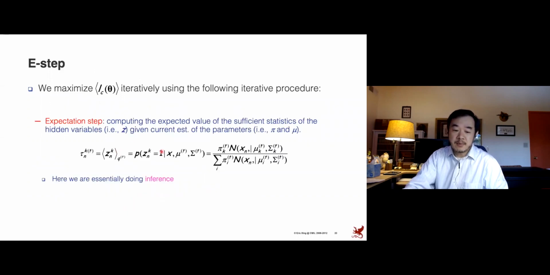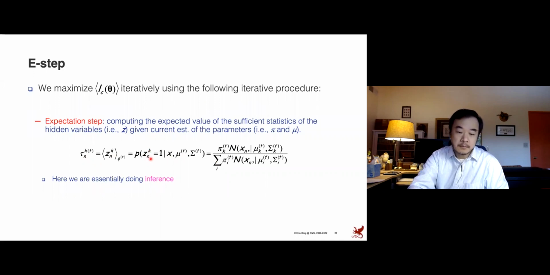Therefore, in the E step, we're going to compute exactly that, P of Z given X, given our current estimation of the mu and the sigma. So this is the expression. This is the fraction of a mixture component probability versus the entire mixture probability, and that gives you the probability of this particular data point xn being in a particular component.